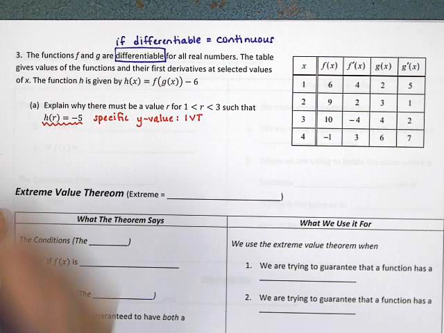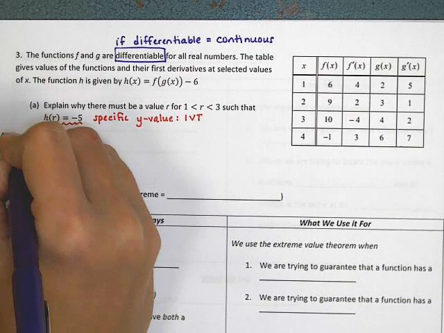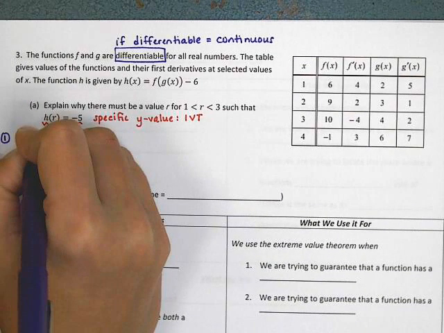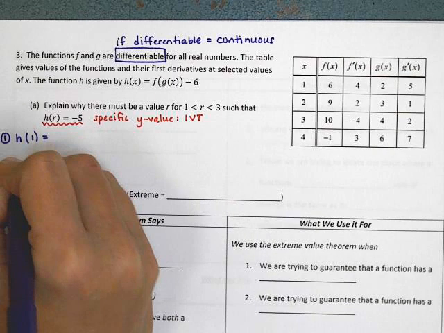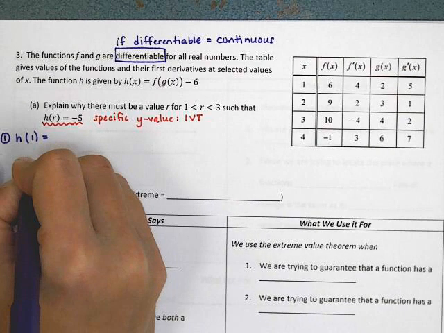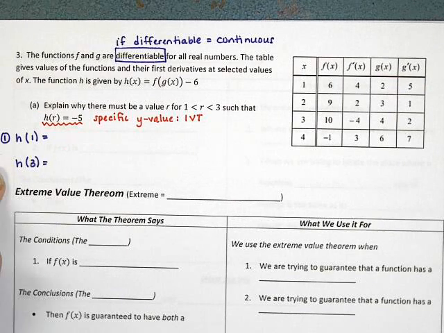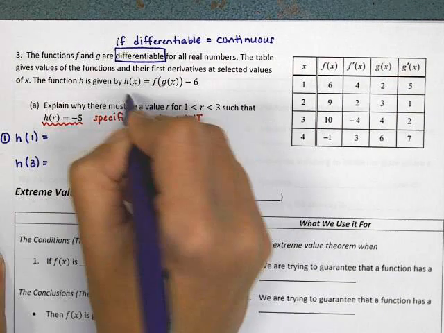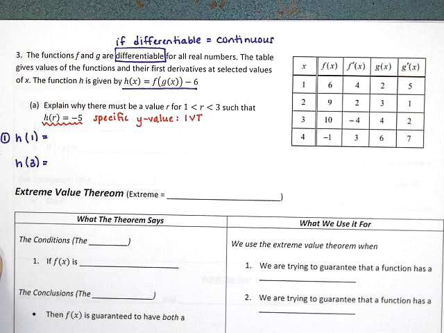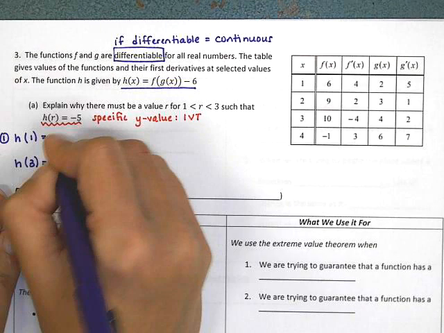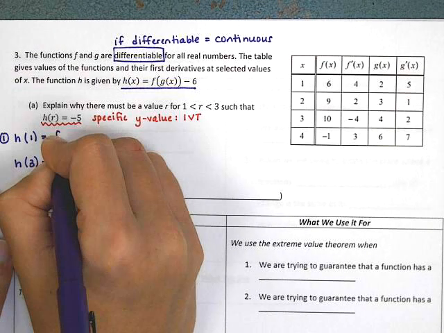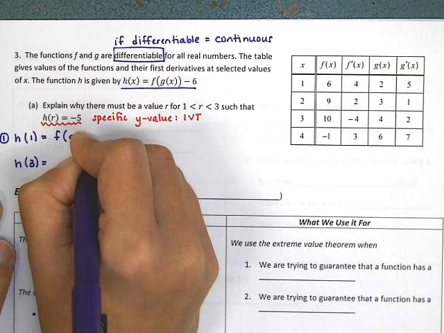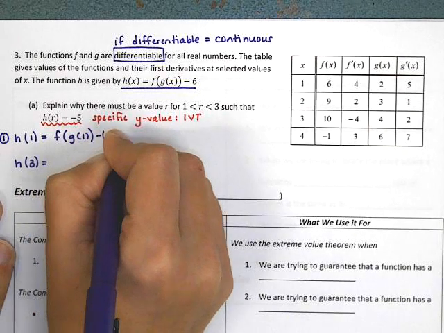So step 2 is going to be to find h of 1, which is the value of one of the endpoints, and h of 3, which is the value of the other endpoint. Now it says here in the instructions, h of x equals f of g of x minus 6. So h of 1 would be f of g of 1 minus 6.